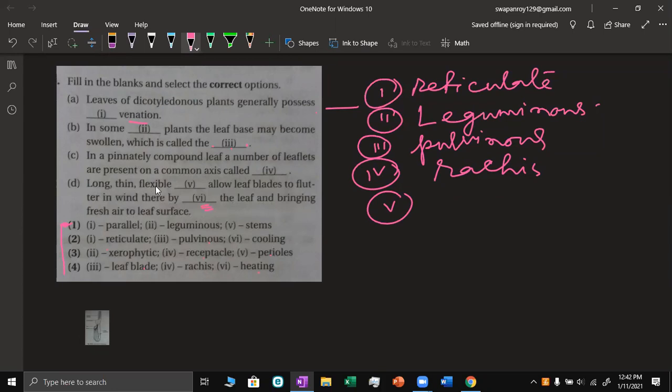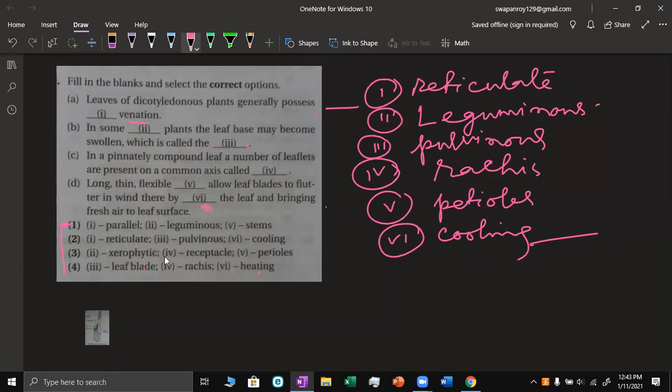So long, thin, flexible petioles, thereby cooling the leaf. So number six is cooling the leaf.